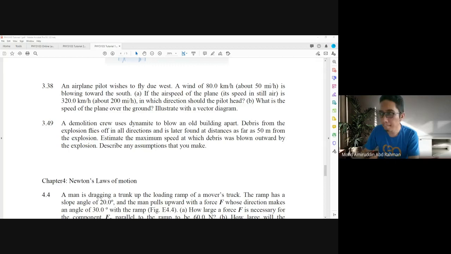Describe any assumptions that you make. We assume that the debris is exploded to all angles, and the angle of 45 degrees gives the maximum range. So that's for 3.49.